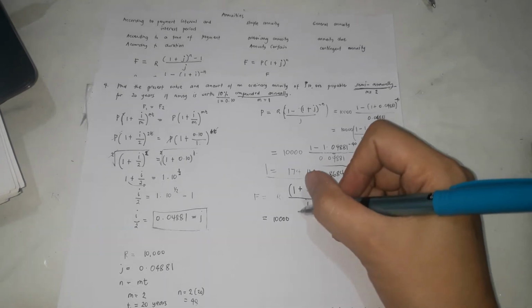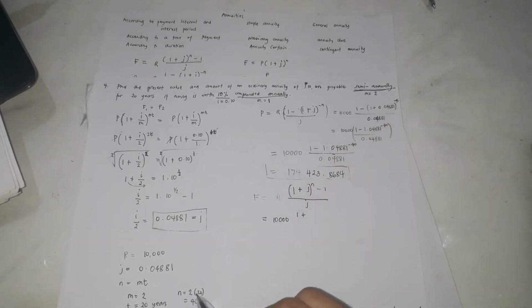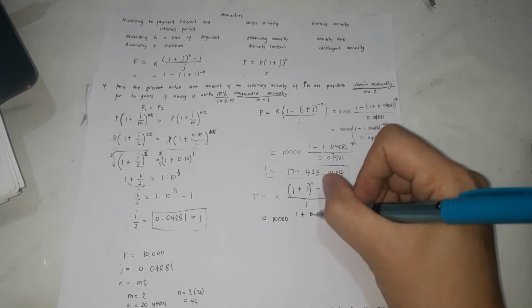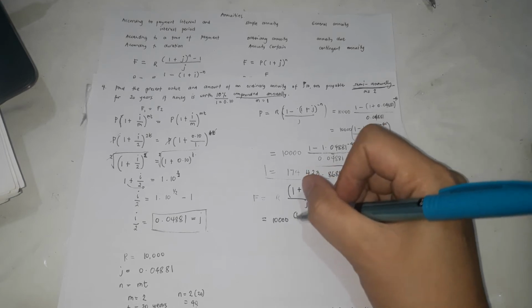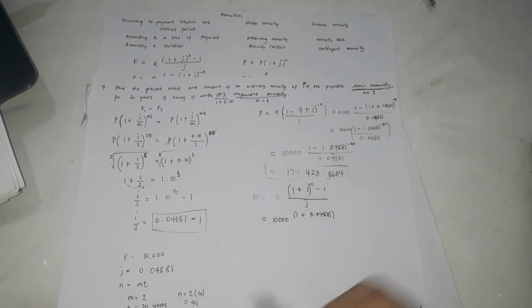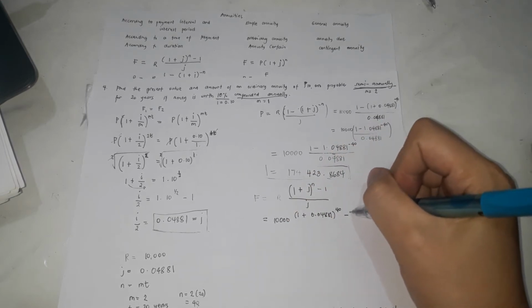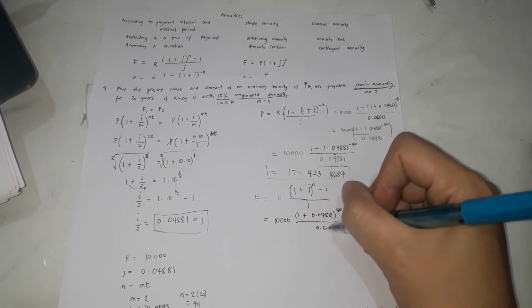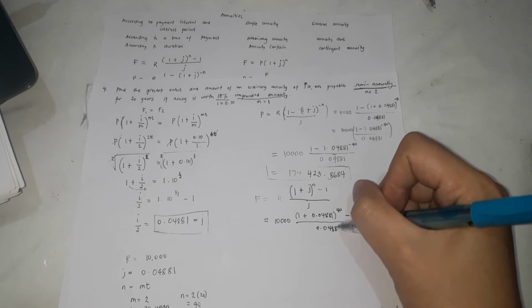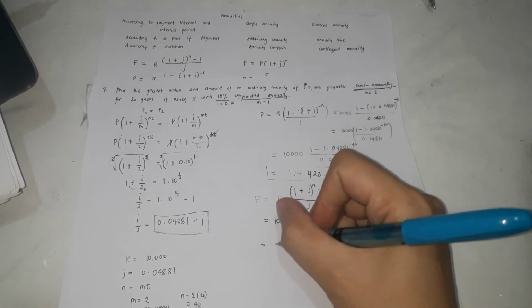Check this one. 1 plus j, which is 0.04881, raised to the power of n, which is 40, minus 1 over j, which is equal to 0.04881.